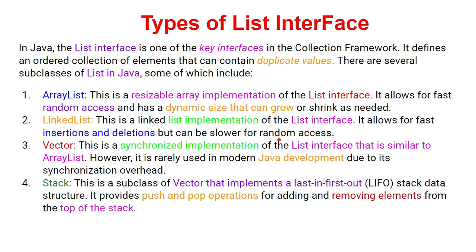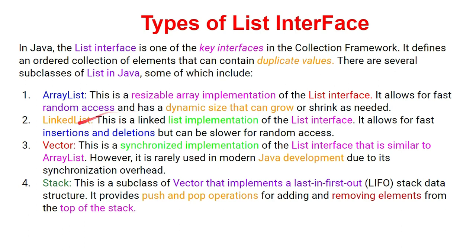So you can say to the interviewer, hey, both are good, but based on the situation we can take array list or linked list. We can take the array list when we need random access to the data, because array list allows fast random access and dynamic size shrink is needed. So at that time you can go with the array list.